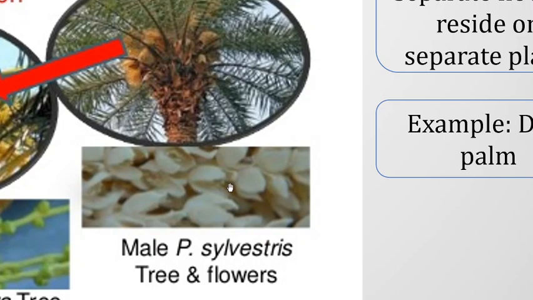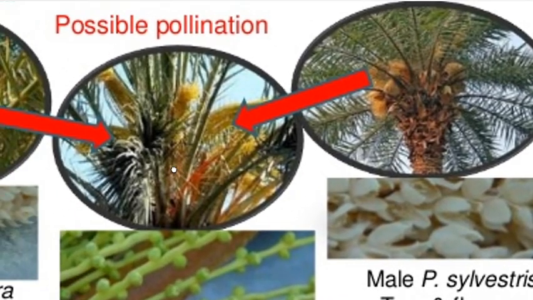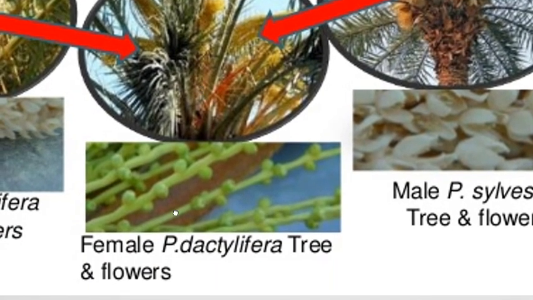It contains only male flowers. Male flowers are lighter in size and shape, and their pollen grains are very lightweight. They can be air pollinated. And when these pollen grains reach the female date palm plant, we see that the female flowers are like nodules or small balls.